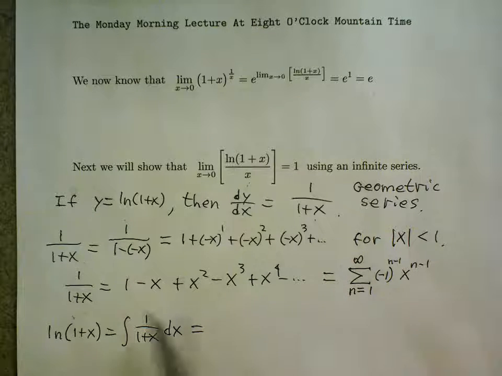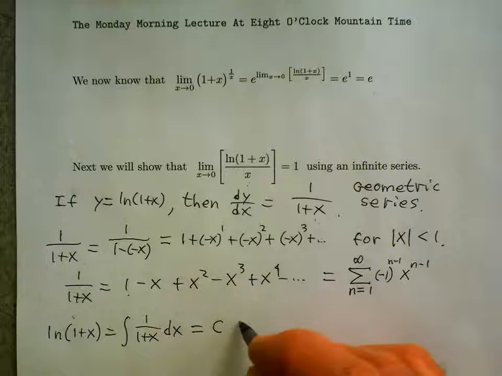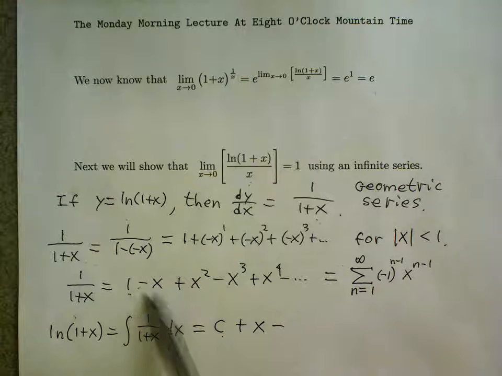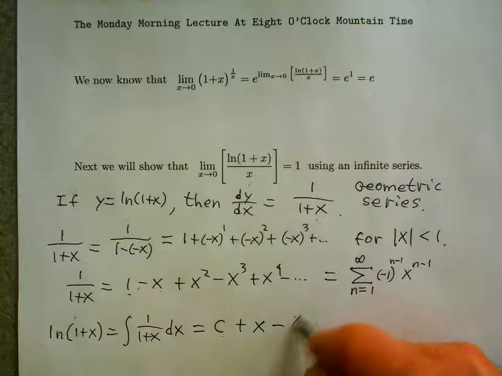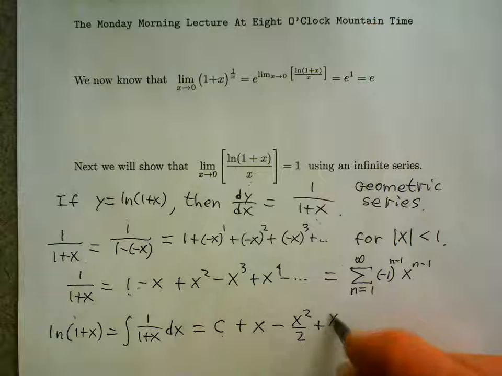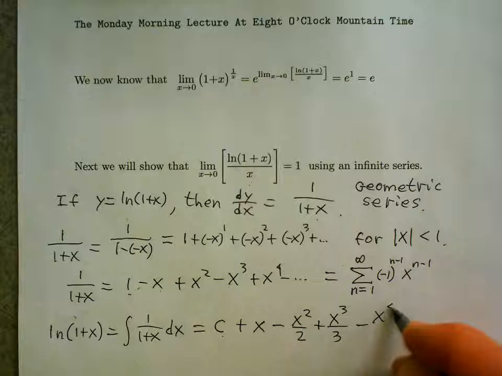And then what we do is we just find antiderivatives of the infinite series for 1 over 1 plus x. And then we include the constant of integration c, and then an antiderivative of 1 with respect to x is x. An antiderivative of minus x is minus x squared over 2. And so on. The next one is plus x to the third over 3, then minus x to the fourth over 4, and so on.